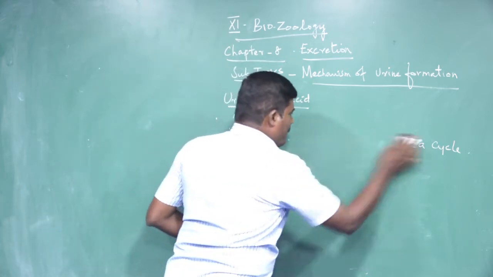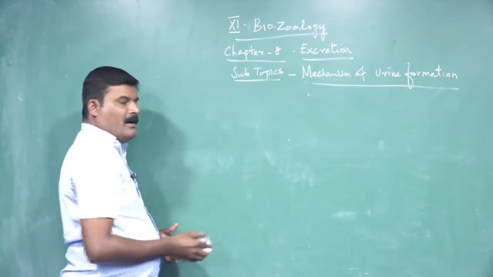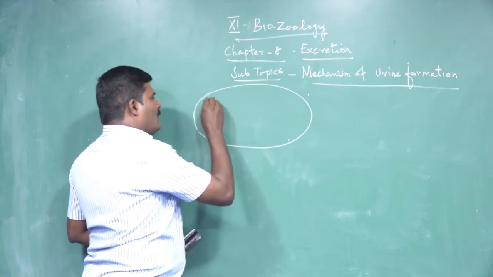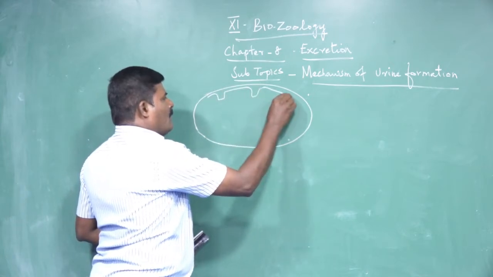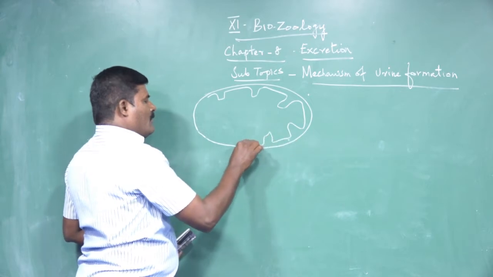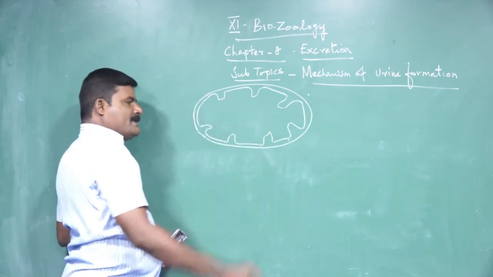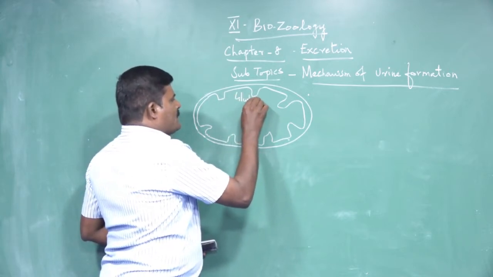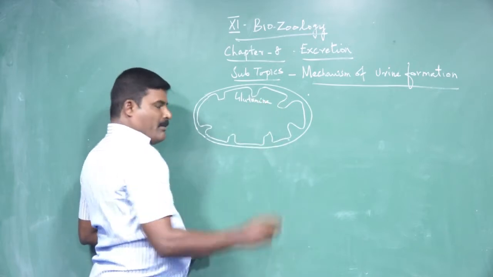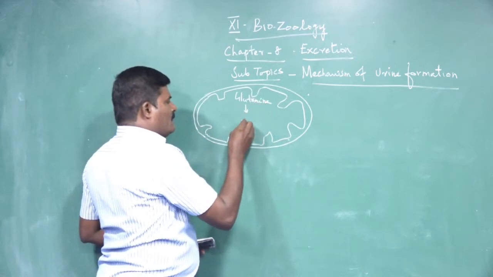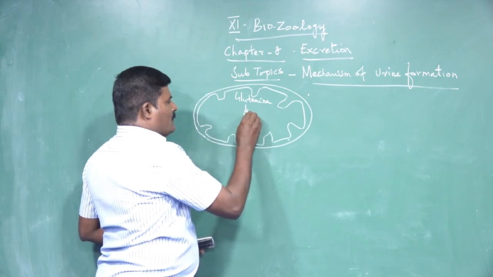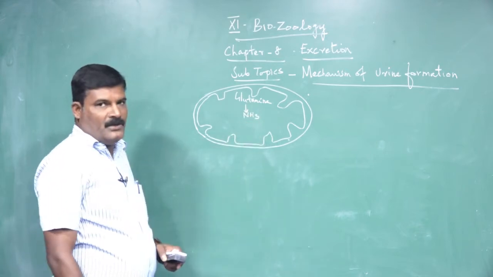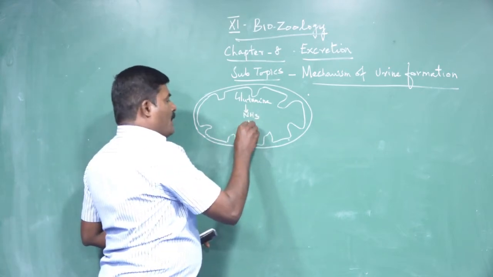Listen, how is this cycle formed? This is the mitochondria. Here, one of the amino acids is formed: glutamine. This amino acid is converted into ammonia.